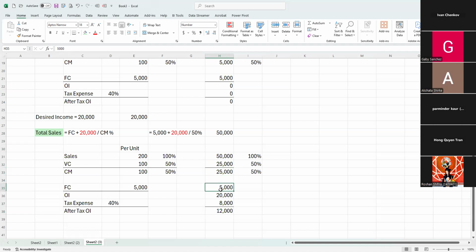I'm gonna cover my fixed cost. My operating income is gonna be $20,000. But is that what I'm getting? No. Why? Because I have to pay taxes. Make sense?